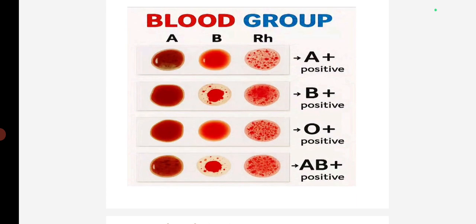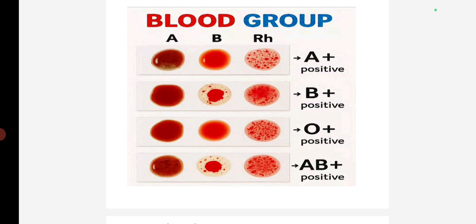This picture shows the blood grouping. Here the slide contains A, B, RH. First line shows A plus, meaning A positive. Here agglutination occurs in A and RH only. So this is A positive. Second one, the agglutination occurs in B and also RH.